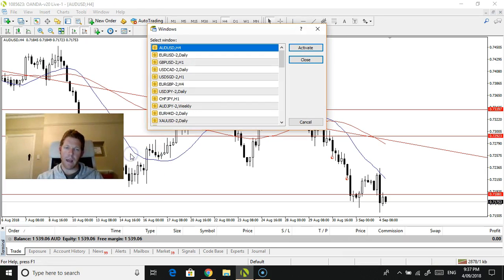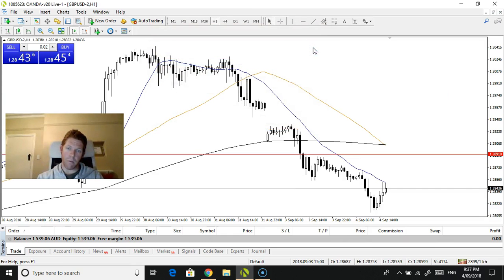The pound. Now the pound is concerning because the problem is it gapped down, hasn't filled the gap. Now a friend of mine, Tony from Queensland in Australia, was talking about this. If you're a shorter term guy, fair dues, you can play this weakness.